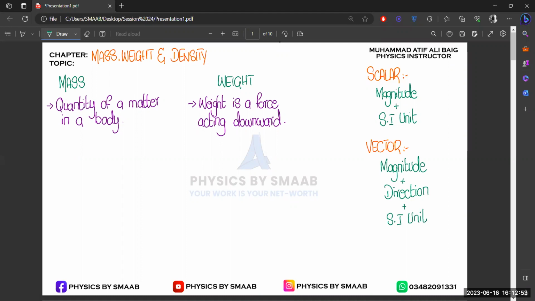So let's suppose now if we want to categorize mass and weight into scalar and vector quantities, right? So there are basically two terms. First one is scalar and second one is vector. And you need to categorize mass and weight into scalar and vector. So which quantity will be scalar and which quantity will be vector?